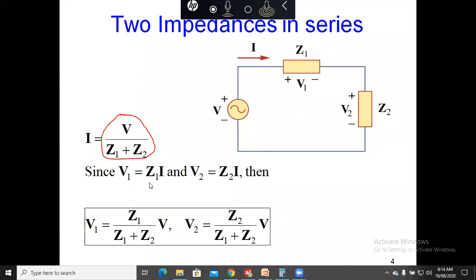So V1 is, in fact, Z1 I, and V2 is equal to Z2 I. So we substitute the value of I in this equation.